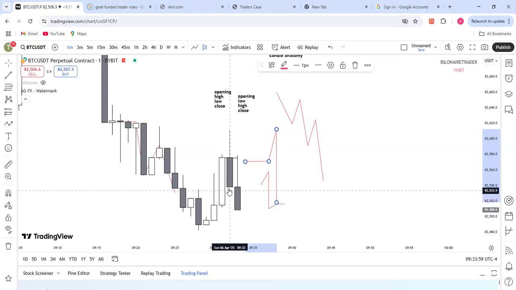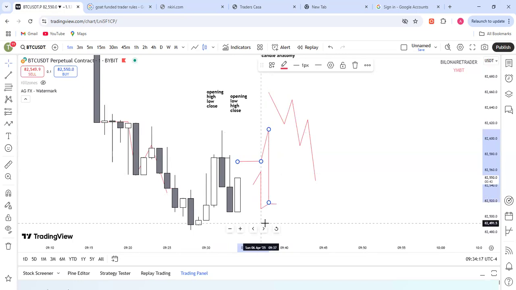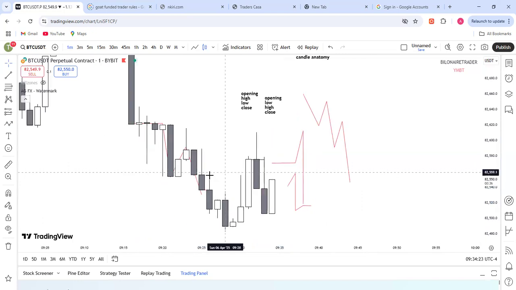So this one does not have a wick to the downside. It just closed bearish, right? The opening, the high, low, and close.